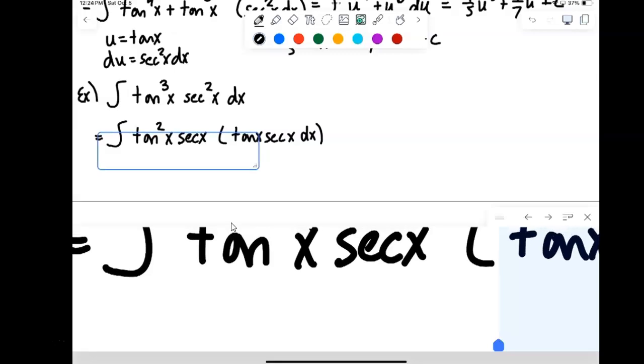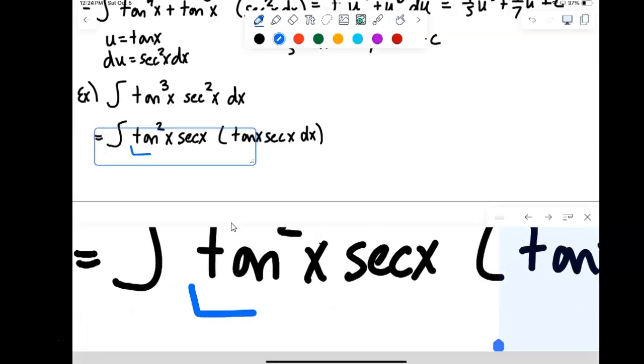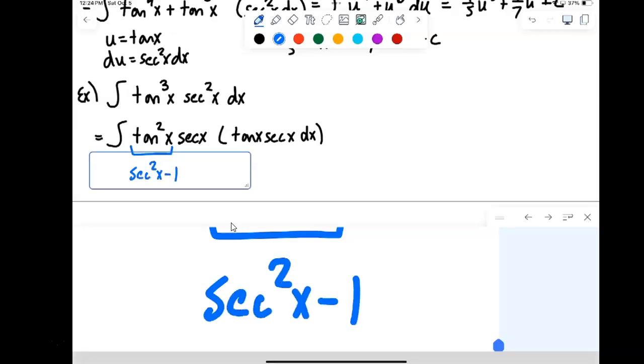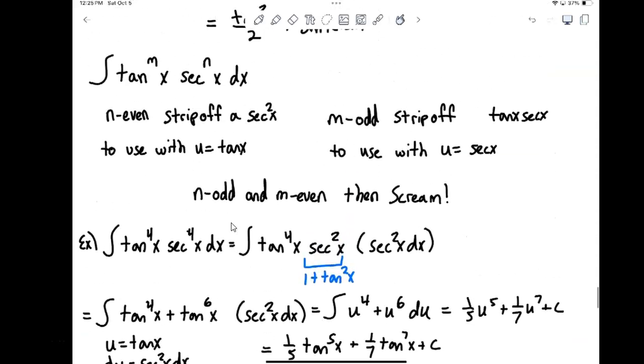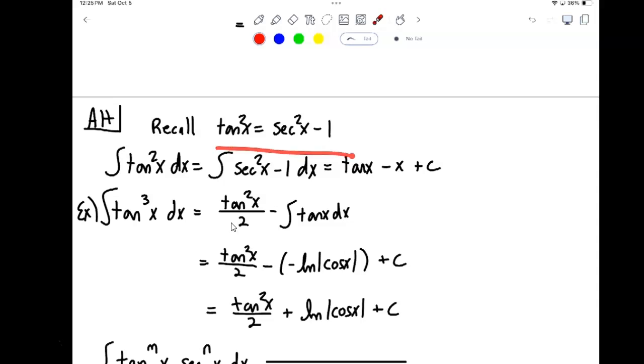All right, and then this tangent squared, we're going to use the identity, right? And replace that tangent squared with secant squared x minus 1. Right? It's just using that tangent squared identity. Tangent squared equals secant squared minus 1.